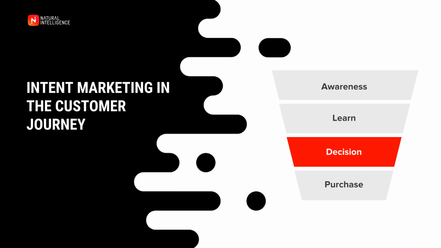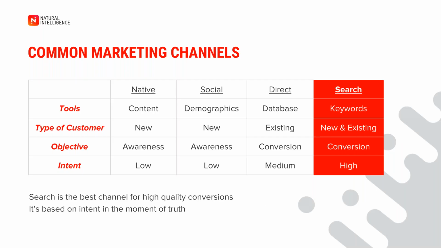Now, being lower down in this funnel is a good thing. It gives you the ability to predict the conversion rate to sales far more accurately than higher up in the funnel. So let's take a minute to just clarify the characteristics of some of the different marketing channels.